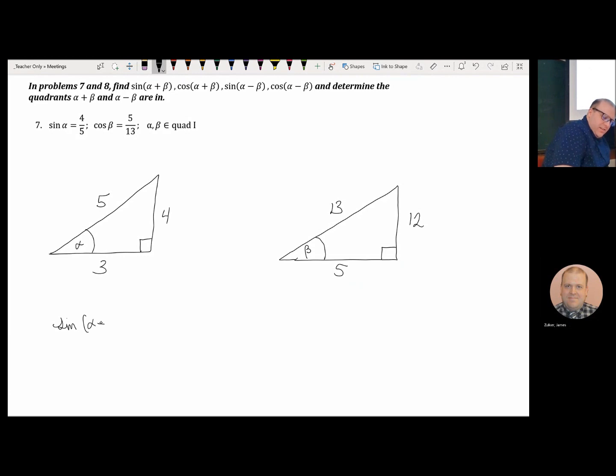Start with alpha plus beta. Sine of alpha plus beta. What's the identity?